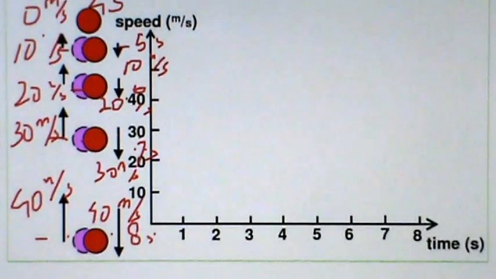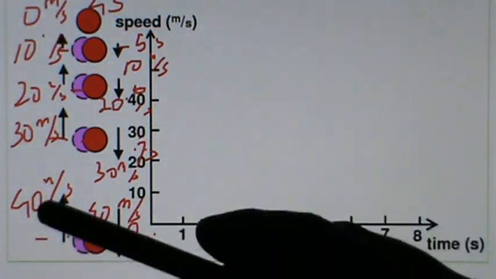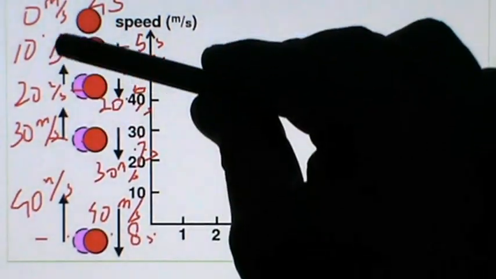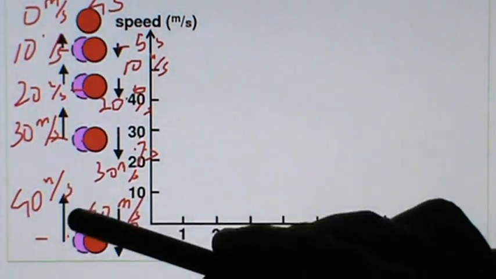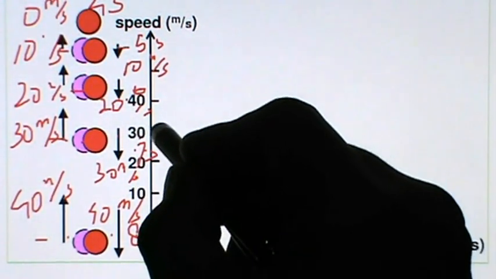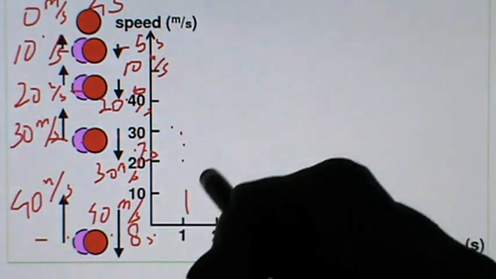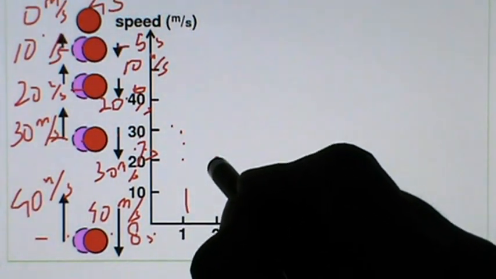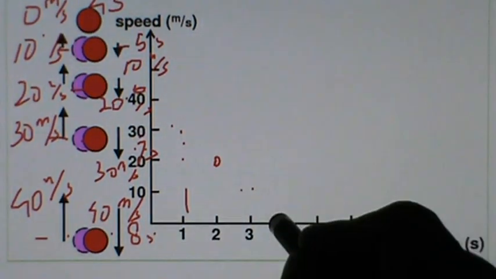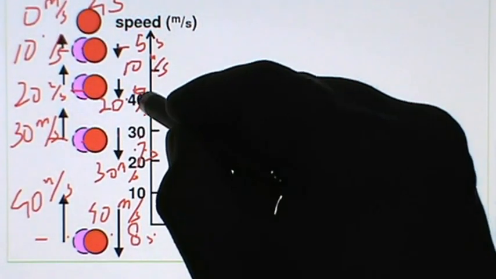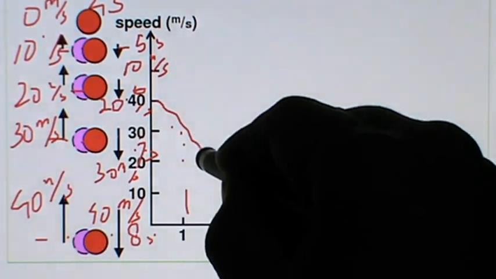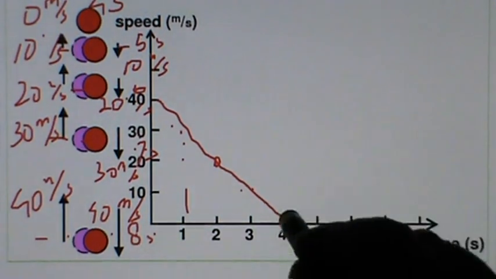Now, if we plot the speed versus time graph for the motion of this ball, this is the upward motion, and you already saw the graph like this.